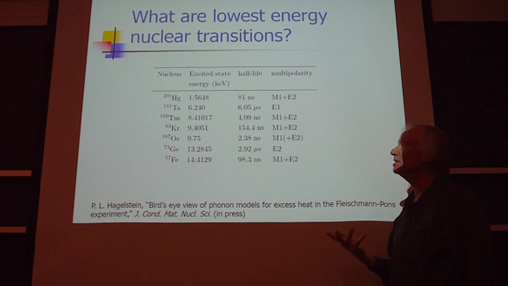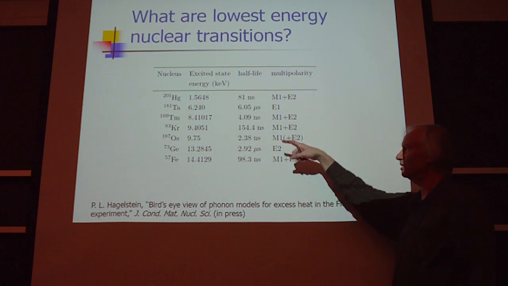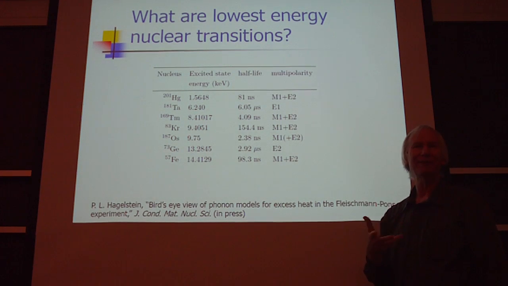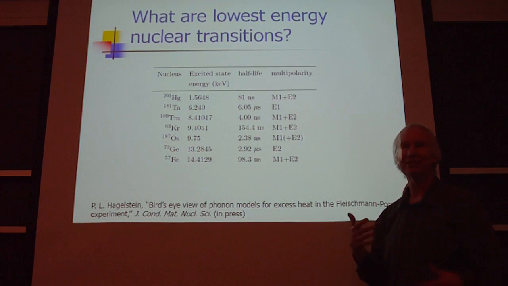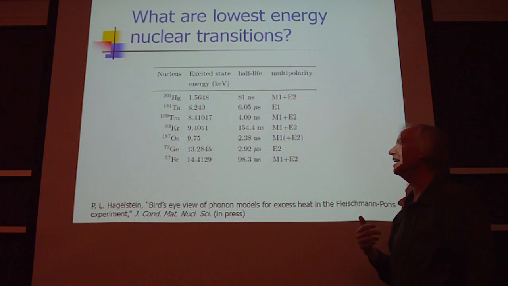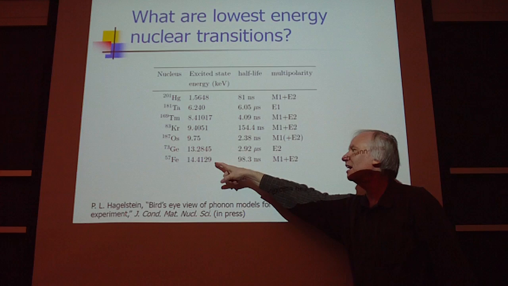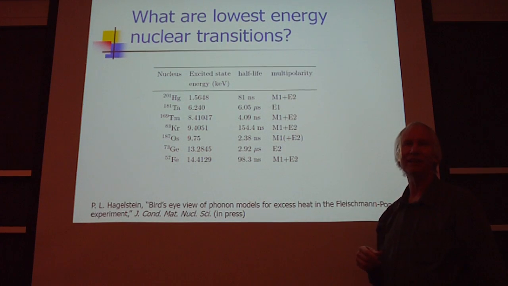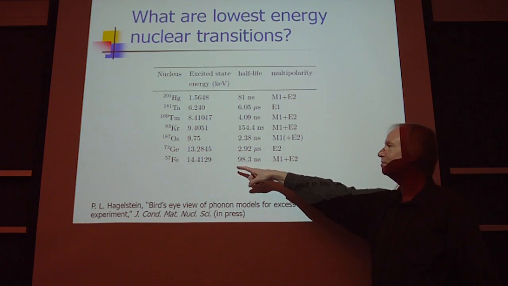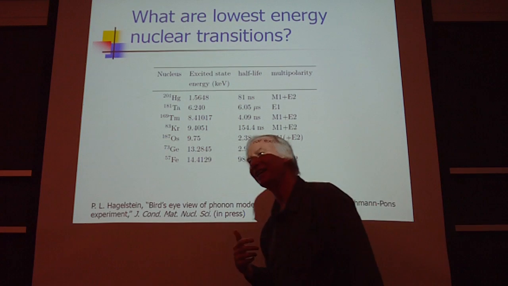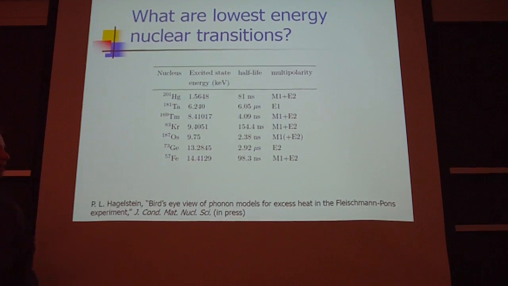The next lowest among stable nuclei is tantalum 181, and that's up at 6 keV. So it's sort of like 4 times higher energy. So what do you think? Why don't we focus on the mercury transition? Because if it's hard to do in mercury, it'll be harder in tantalum. This iron transition is the famous Mössbauer 14 keV transition. So this will be like 10 times harder than that, or some multiple of that.